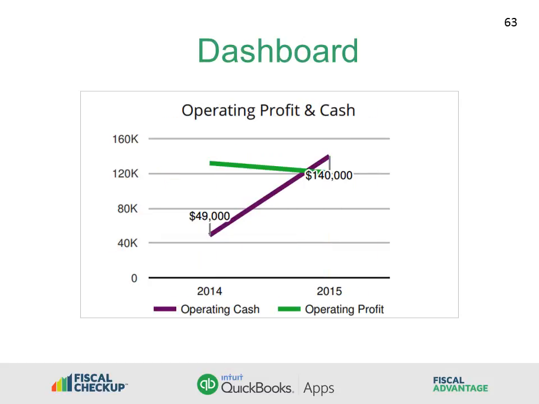Operating profit is after any cost of goods sold and operating expenses have been deducted from the revenue or sales, but before any other non-operating expenses have been deducted. Operating cash is the amount of cash from operations before other non-operating expenses. Over the long run, these two lines in this chart should be tracking together.